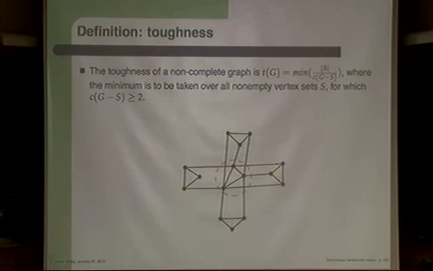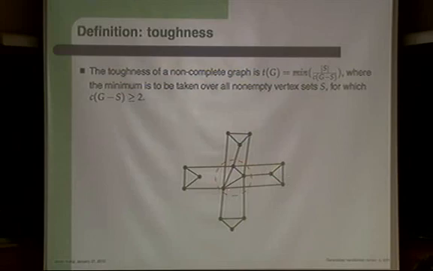It's high enough. So how is it related to the connectivity of a graph? Clearly, if the graph is t-tough, or has toughness t, then the graph is at least 2t, rounded up to the nearest integer, connected. Why? Let's say the graph is 1-tough. It means that if you remove 2 vertices, you can get at most 2 components.